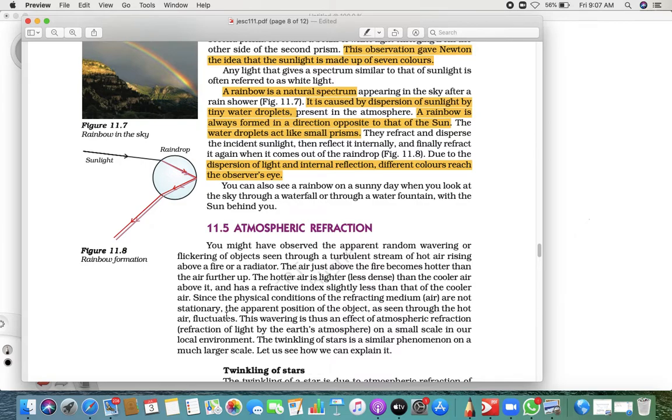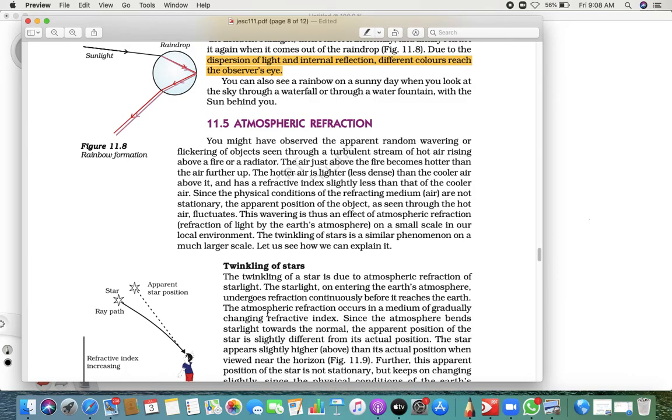Refraction is going to happen because of density. I told you, why does the light bend? Light bends because of change in density. As you know, the densities are changing. So if your density is changing, definitely refraction is going to happen. The same thing happens here. This wavering happens because of atmospheric refraction.